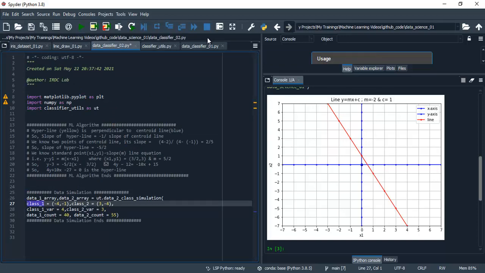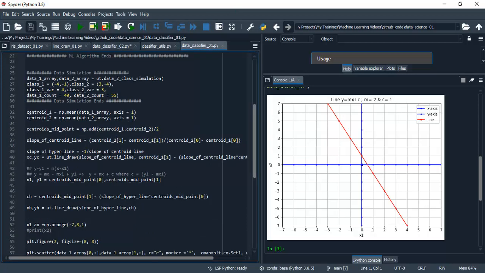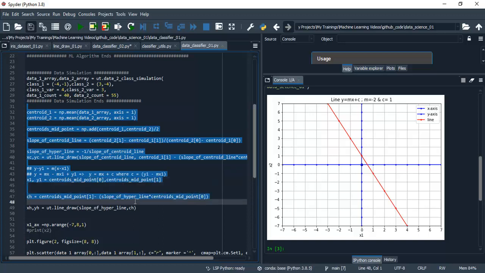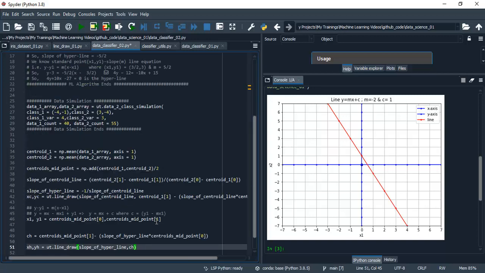Okay, so now let me add some more things. I can go for the whole thing, yes, but we will focus on one after the other and not all at a time.